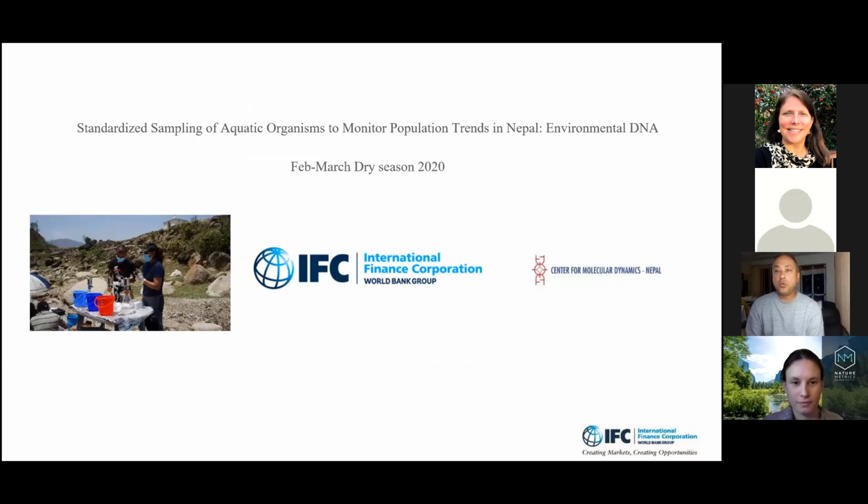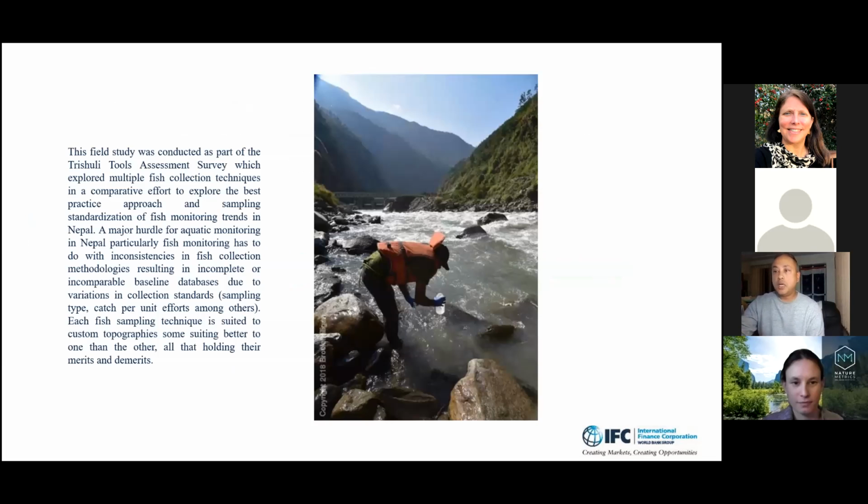Again, we worked in the same river system, and we went to many different sites, used different techniques, and we looked into which technique would work the best to do aquatic biodiversity assessment in general, fish biodiversity assessment in particular, especially from a utility point of view on EIA kind of work.